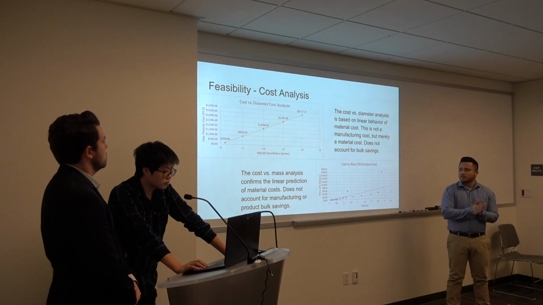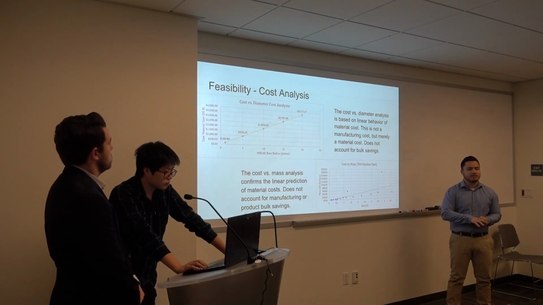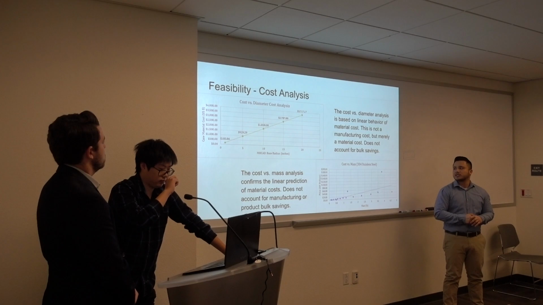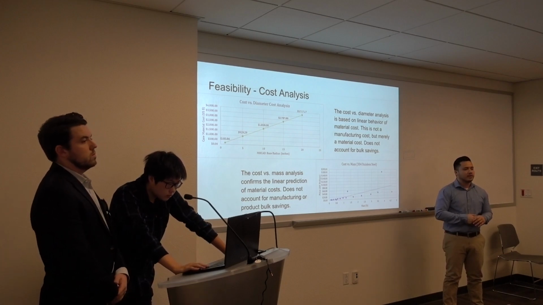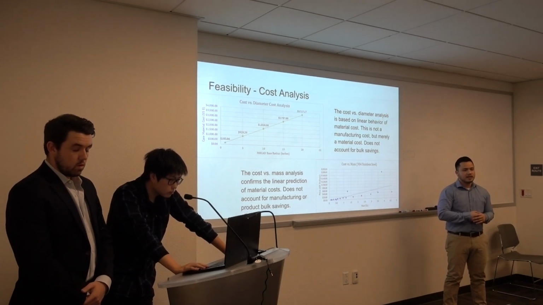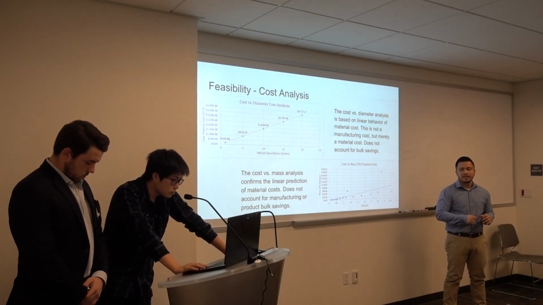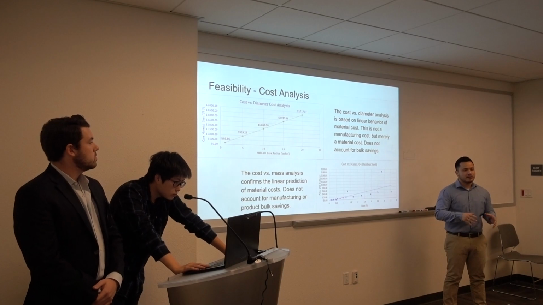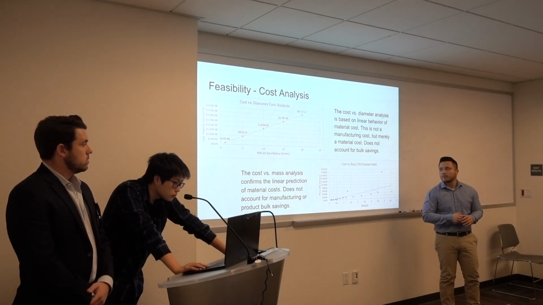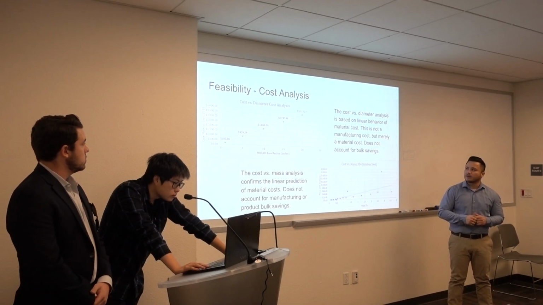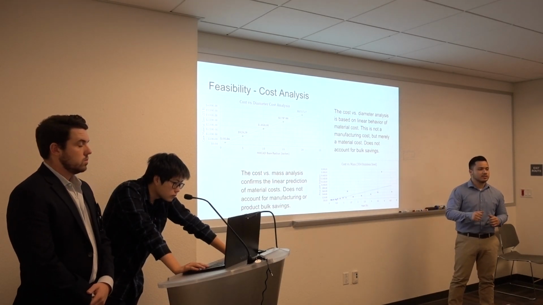We did some calculations of what this would cost, and that is what you can see on the top and bottom. On the top we did a cost versus diameter analysis, for if we chose 304 stainless steel for our product, not the cylinder portion, but rather the reducer and the elbow. We estimated that we would have a linear progression in the cost of materials.